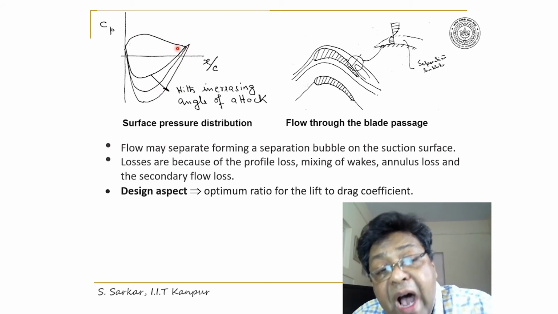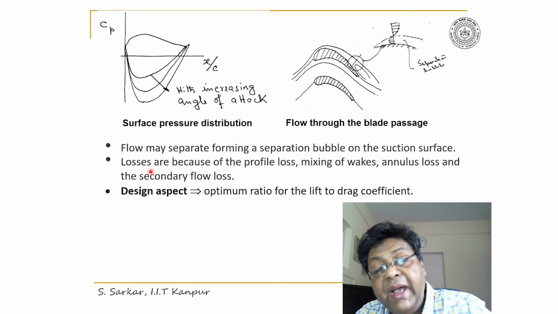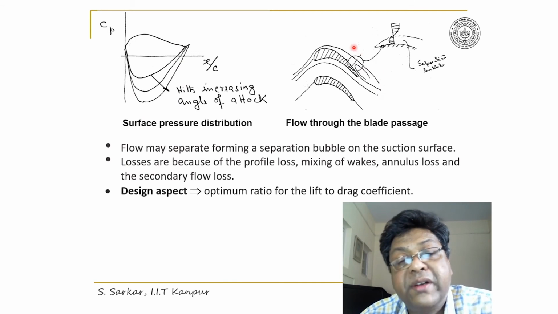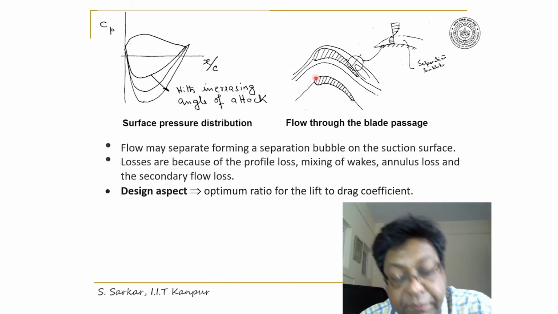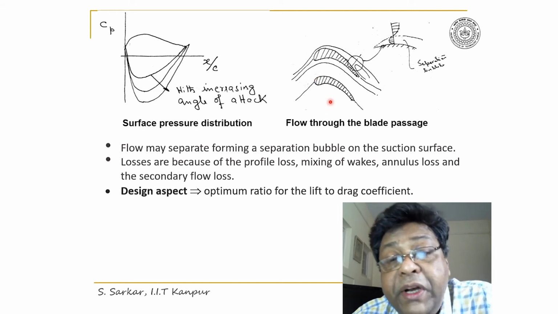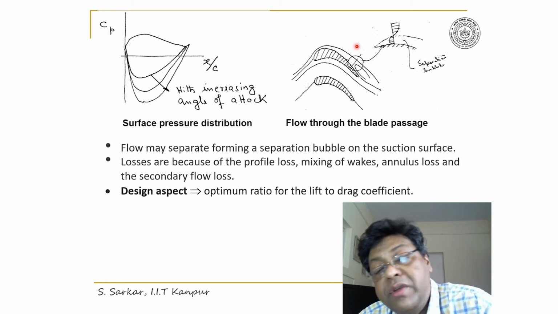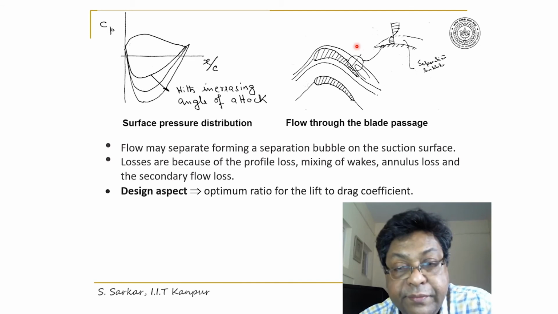And because of this high adverse pressure gradient, often for high angle of attack, the flow separates on the suction surface, forming a separation bubble. This separation of flow on the suction surface is not desirable. That would increase the losses.